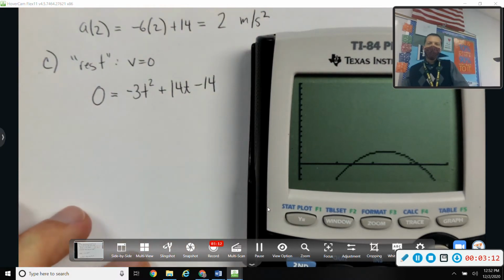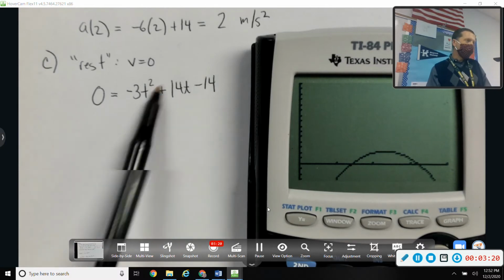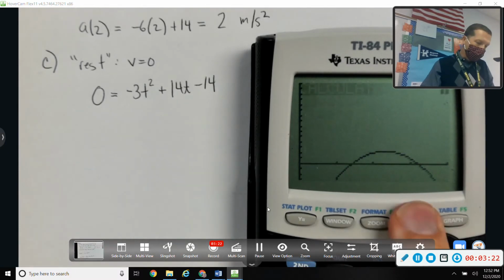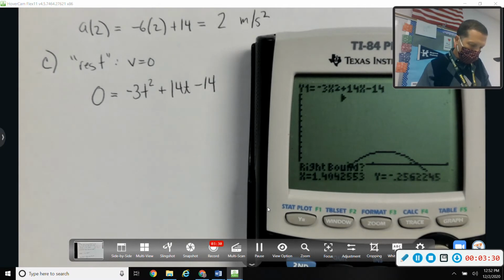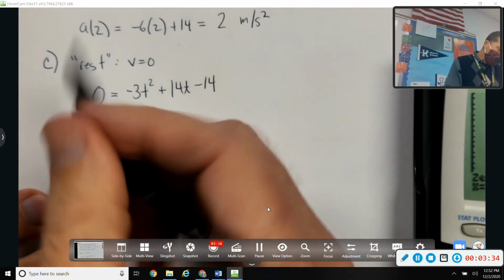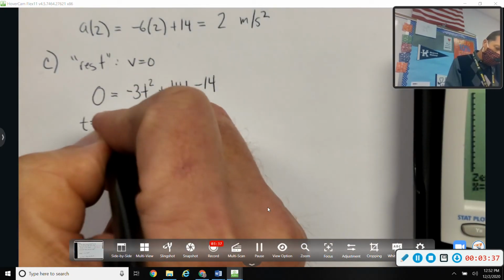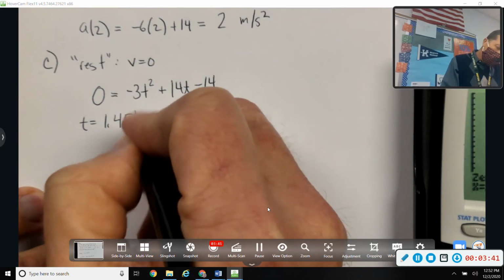I'm on kind of a weird window, but I see all that I need to see because I really just want to know where it's equal to 0. So I could have used the quadratic formula here, but I'm going to use Calc 0. Left bound, right bound, guess. So one answer is 1.451.